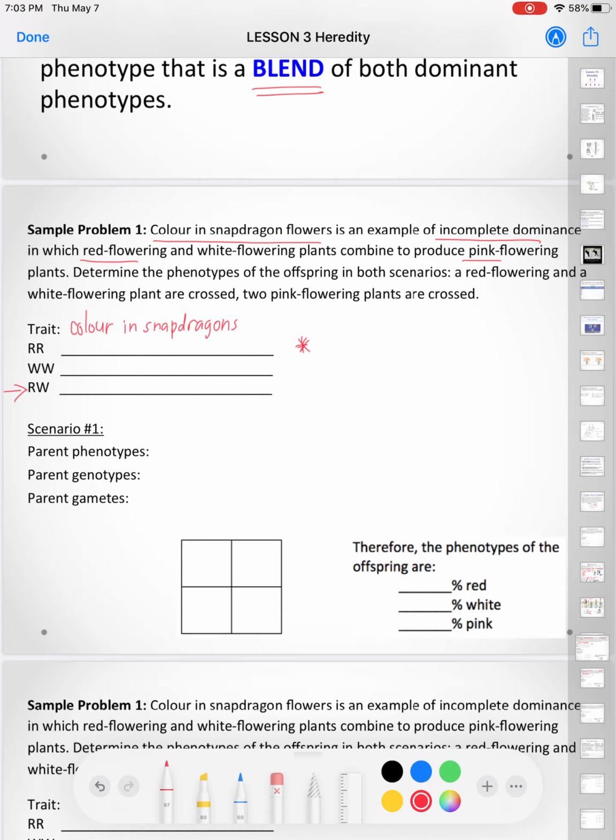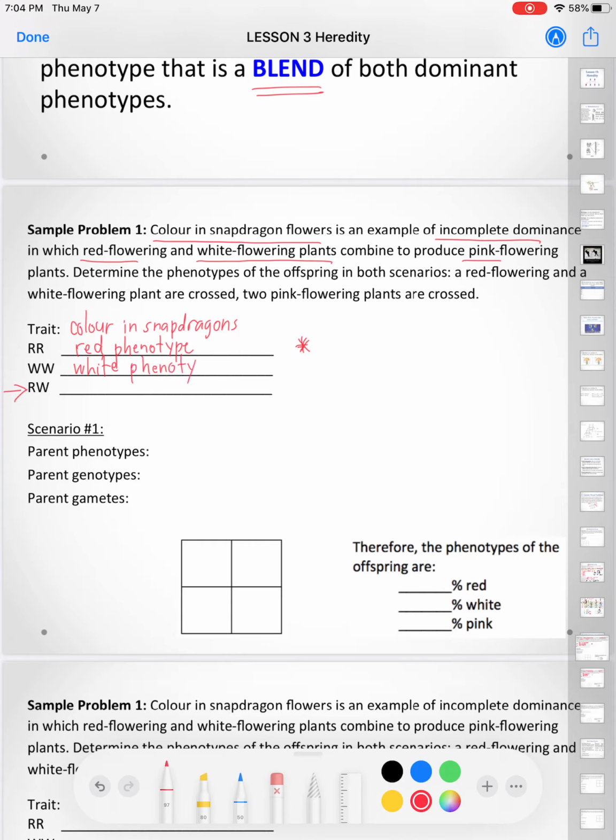The red flowering plants are going to be that R, the capital R shows for red. That's our red phenotype. And the white flowering plants, which are equally dominant to the red, neither of them take precedence over the other. That's going to be our white phenotype.